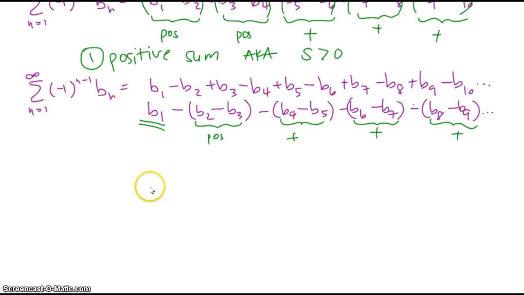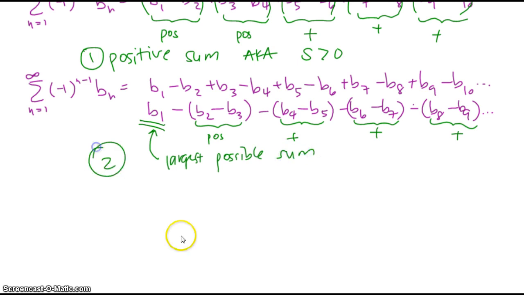Now, what does that mean? That means this first term, b sub 1, is actually the largest possible sum because I'm starting off with b sub 1 and then I'm subtracting positive terms every single time after that. So b sub 1 is going to be my largest possible sum. That's going to be my second conclusion.